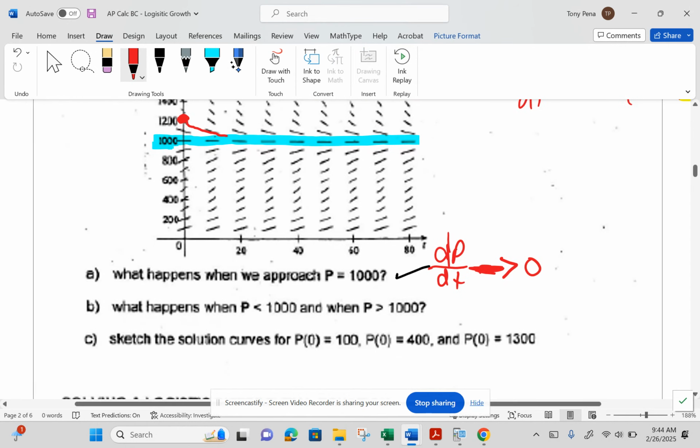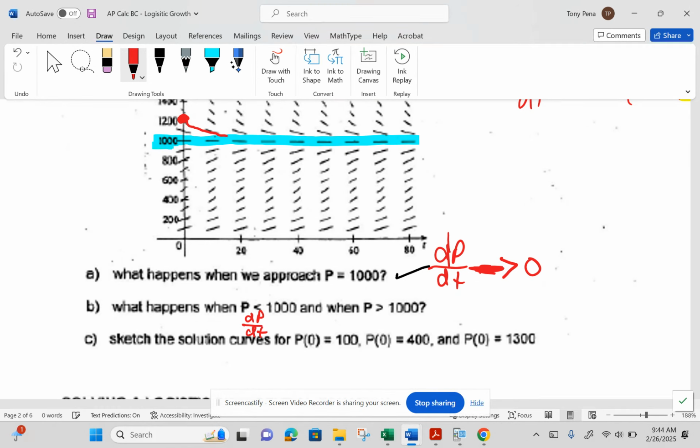Underneath that, our change in population over time is going to be doing what? Or what's happening to our population will start to what? Yeah, decrease. So we're going to write this as my change in population, the rate of change should be negative. All right, that's our slope. Again, you're looking at the tick marks. Tick marks are your slope.